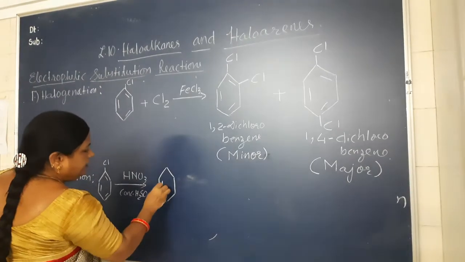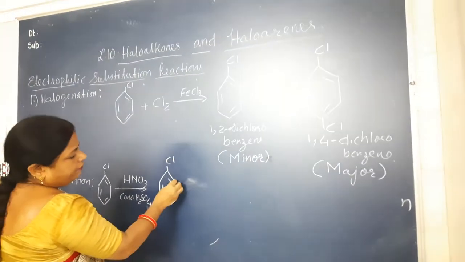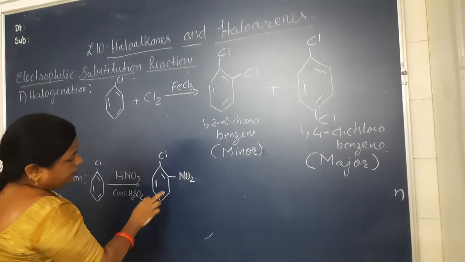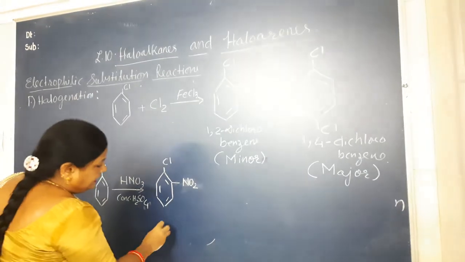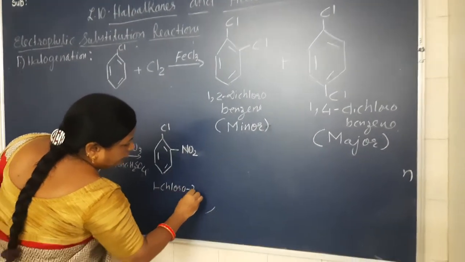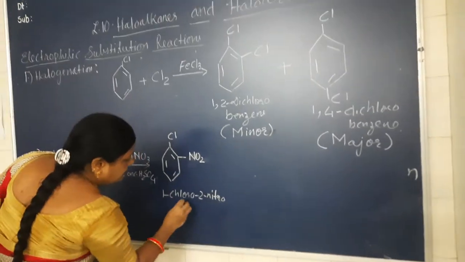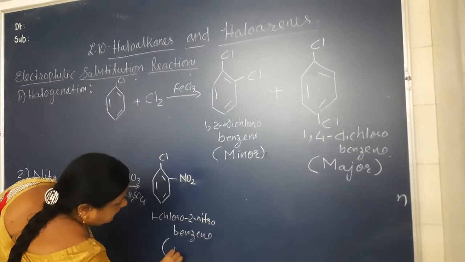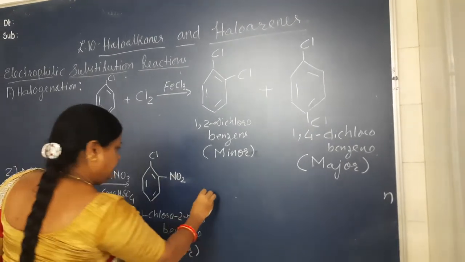Chloro is already there. Right? So nitro will be added. So on the first position, take ortho, that is nitro. So what will be the name of the compound? 1-chloro-2-nitrobenzene. This will again be the minor product, that is, less amount, plus.